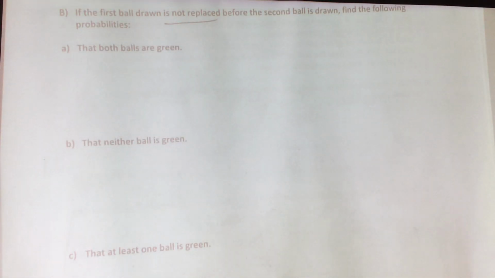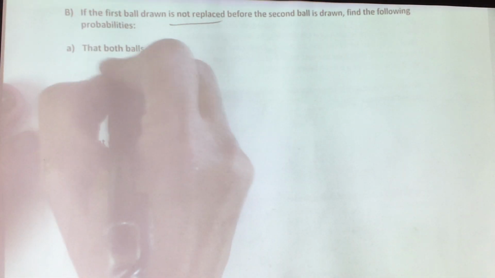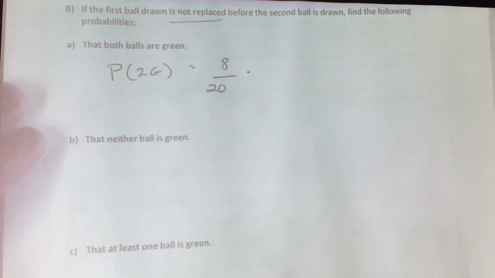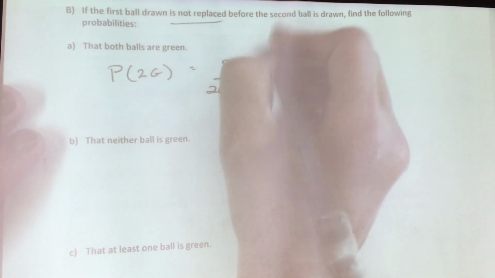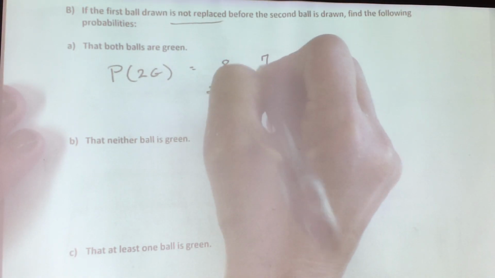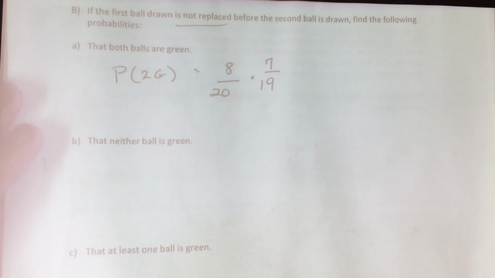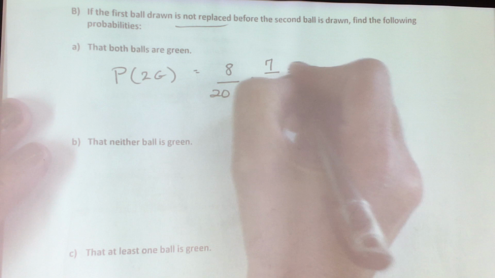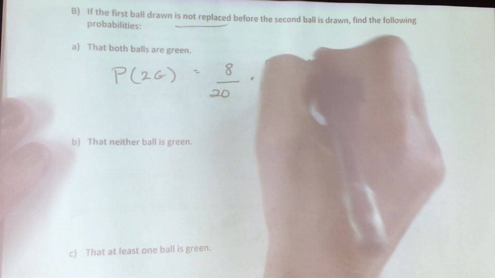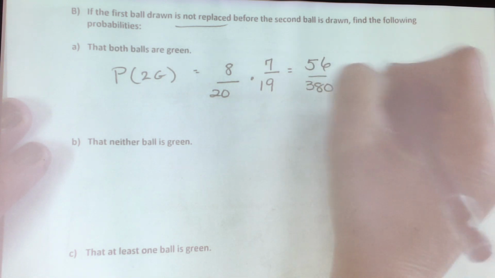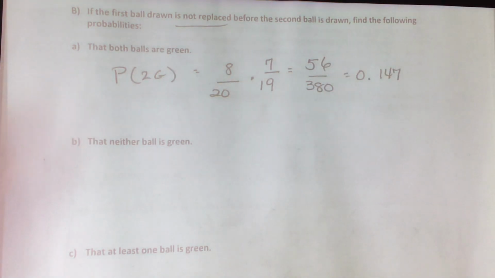Again, you have 7 green balls to choose from the first time out of 20, but now you're left with 6. So once you've chosen the first green ball, you're left with 6 green out of a total of 19, which is 42 out of 380, and that equals 0.111.